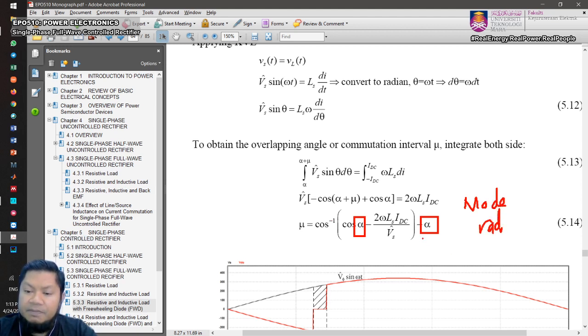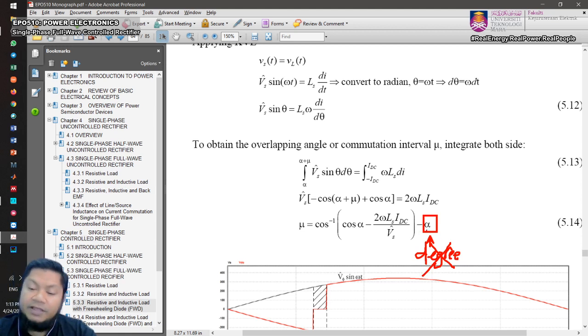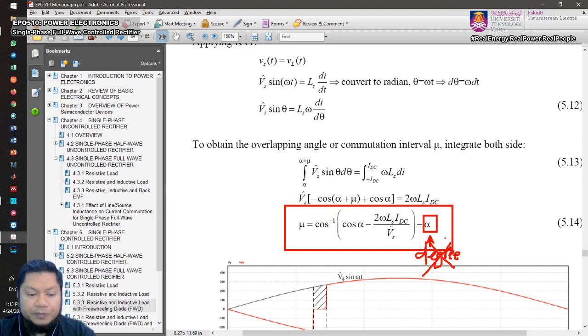Don't mix up. Sometimes you're going to use 180 degrees. No, you cannot use degrees here. You must convert that into radian in solving the equation for u.